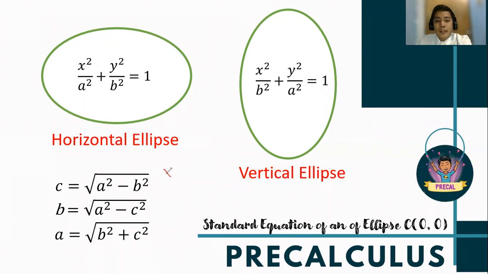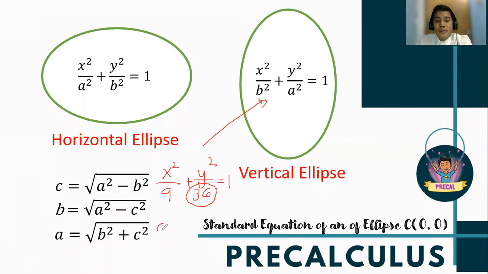Consequently, if you have this example, x squared over 9 plus y squared over 36 is equal to 1, it takes the form of the vertical ellipse. Why? Because the A here is the bigger one.